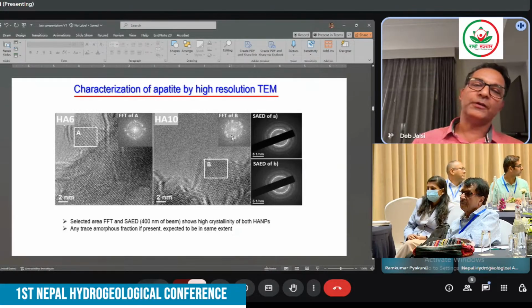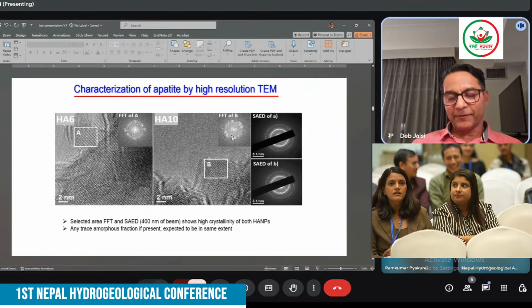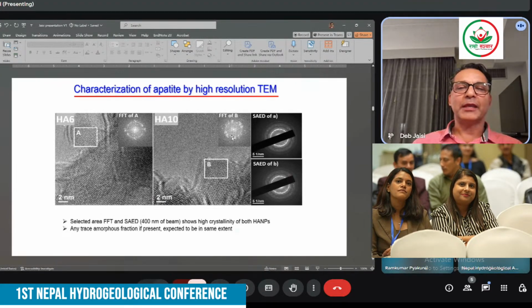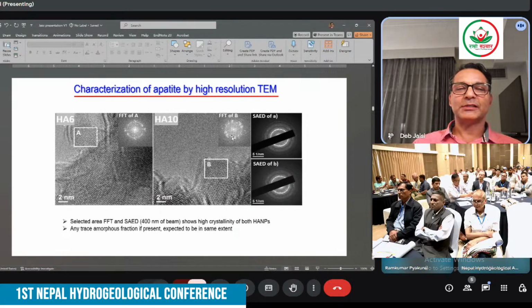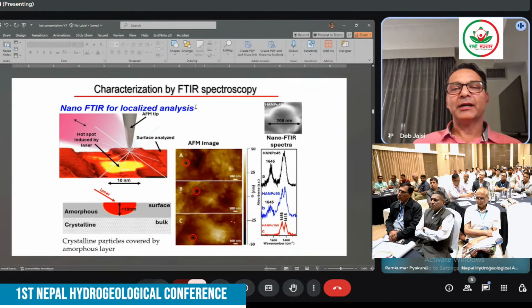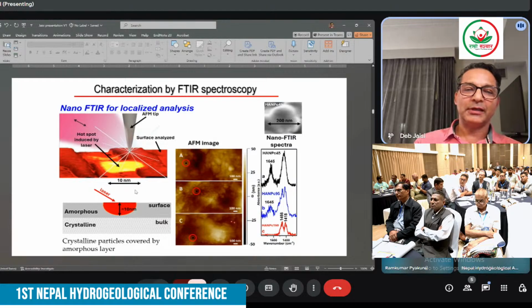So in this aquifer, you can see very crystalline phosphorus mineral in the apatite form here, as well as some amorphous phosphorus that does not form crystals, which is not shown here. We can do FTIR, Fourier transform infrared spectroscopy, and look at the composition of this material.